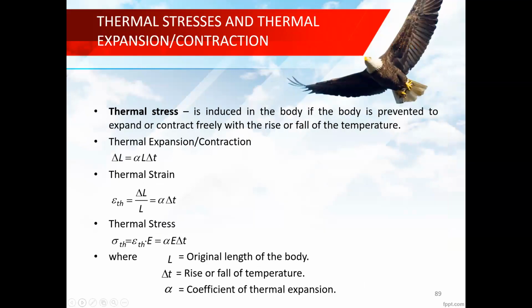Next, thermal stress and thermal expansion, contraction. Thermal stress is induced in the body if the body is prevented to expand or contract freely with the rise or fall of the temperature. So thermal expansion, contraction is delta L equal to alpha times L times delta T. Thermal strain epsilon TH is equal to delta L over L is alpha delta T. So thermal stress is sigma TH equal to epsilon TH times E, or alpha E delta T, where L is the original length of the body, delta T is the rise or fall of the temperature, alpha is the coefficient of thermal expansion.